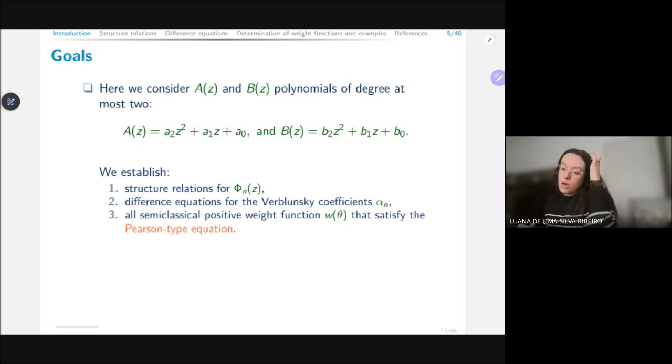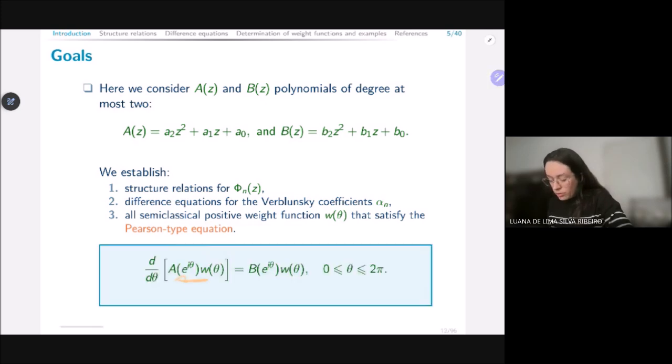And we are also looking for all semi-classical positive wave functions that satisfy that Pearson-type equation, that is, this differential equation of first order that I mentioned before. So we call this first order equation Pearson-type. In this work, we are restricting to this case for A and B.